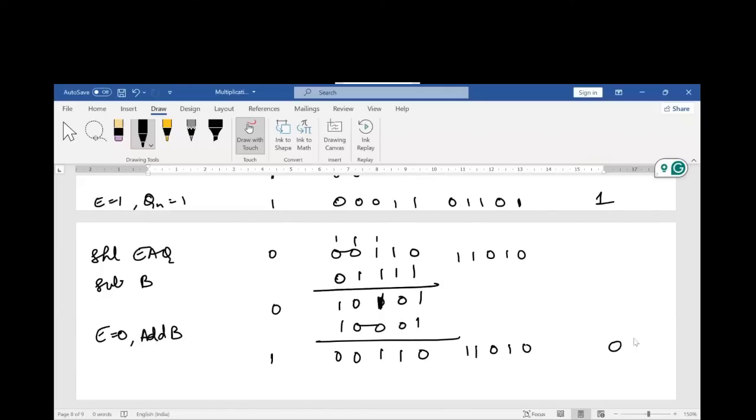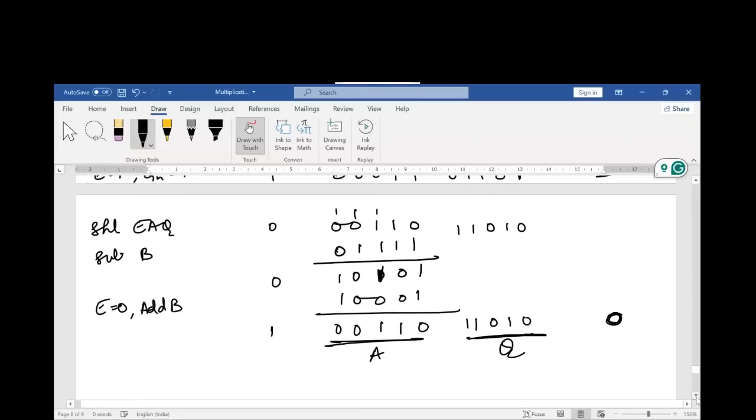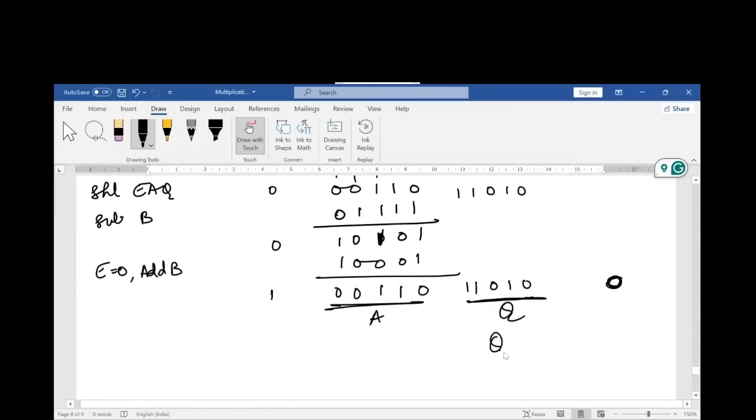Okay. So after completing this, I reached sequence counter as 0. So this is my q. This is my a. After completion of the entire process, my quotient would be in q and remainder would be in a.